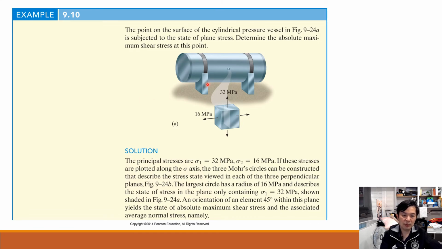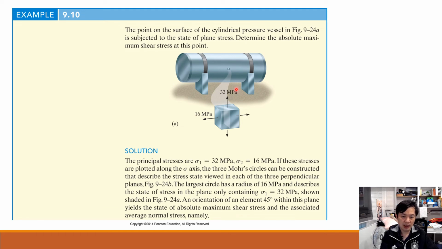Here's one example. A surface of a cylindrical pressure vessel is subject to a state of plane stress on its wall. Determine the absolute maximum shear stress at this point. So this is the stress state.